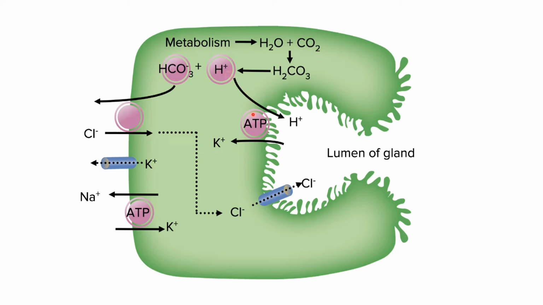The H plus ion is pumped outside with the help of the hydrogen ATPase pump and combines with chloride, resulting in the formation of hydrochloric acid, which is responsible for digestion of food materials. In the case of proton pump inhibitors, they irreversibly bind and inhibit the hydrogen potassium ATPase pump, which results in decreased secretion of hydrochloric acid.